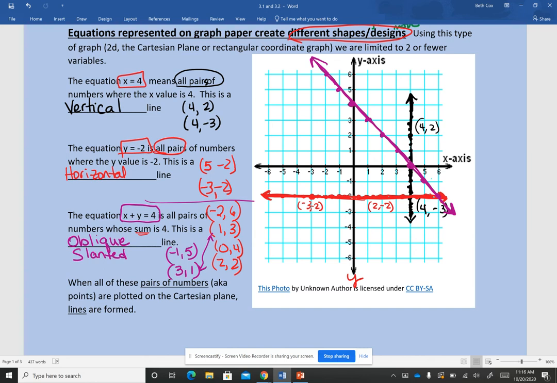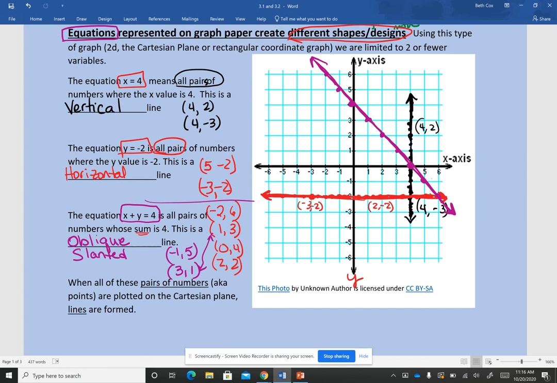So these are all lines. There are other shapes and designs that we could do. Notice there is a triangle or a couple of triangles, shapes that you could do with these lines. You could say, oh, there are other shapes that you can make that we'll learn about maybe in another class. But equations represent on graph paper different shapes or designs based on their numbers.